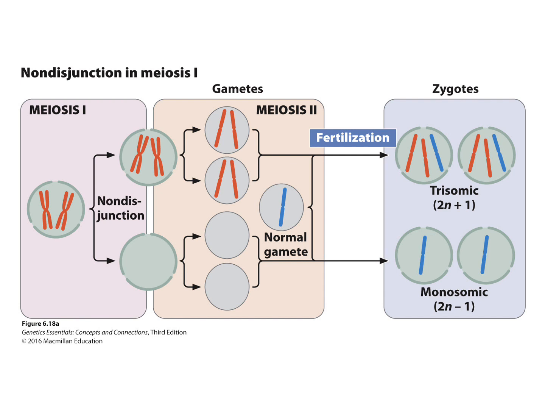Now, we can look at examples of nondisjunction in meiosis 1, and specifically in meiosis 1, nondisjunction occurs when homologous pairs of chromosomes fail to separate during anaphase 1. When homologous chromosomes fail to separate during anaphase 1, you end up with situations at the end of meiosis where you have an incorrect number of chromosomes present in the gametes.